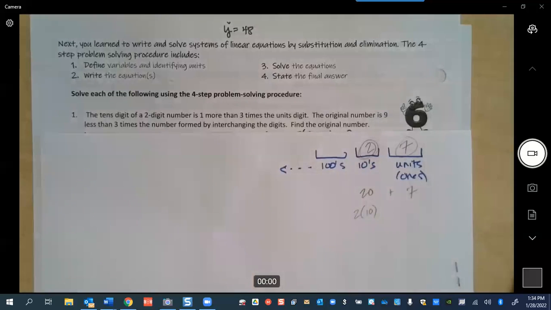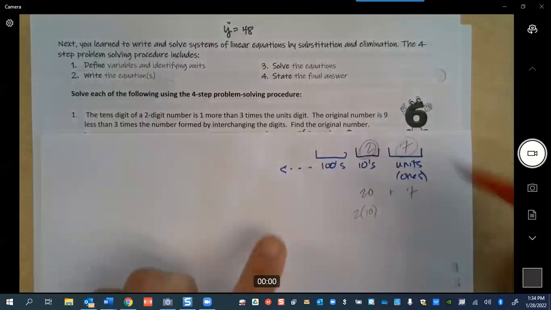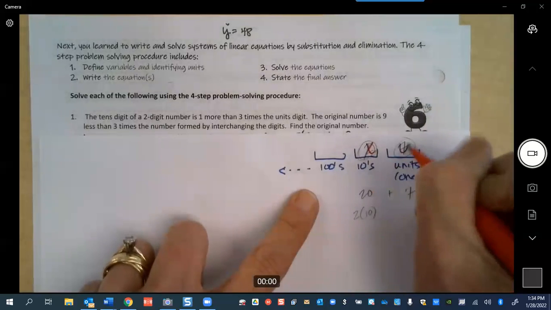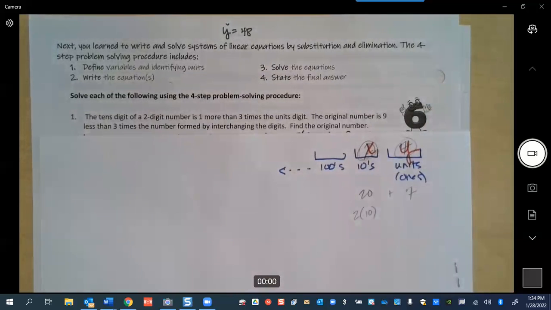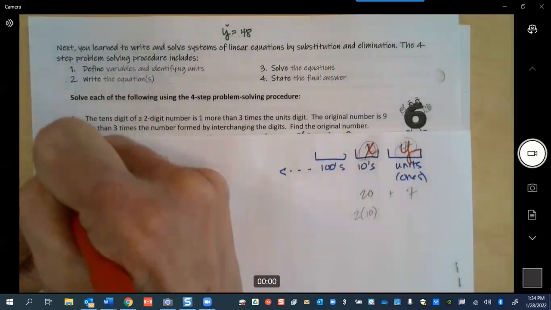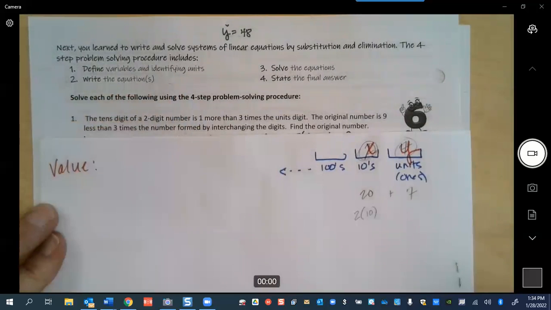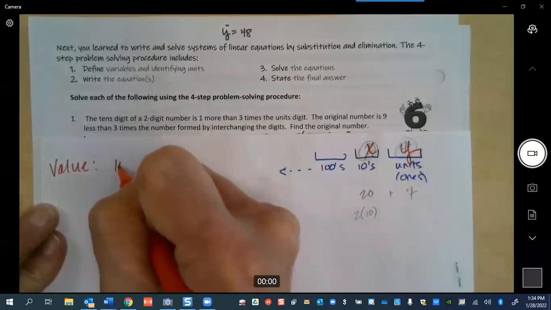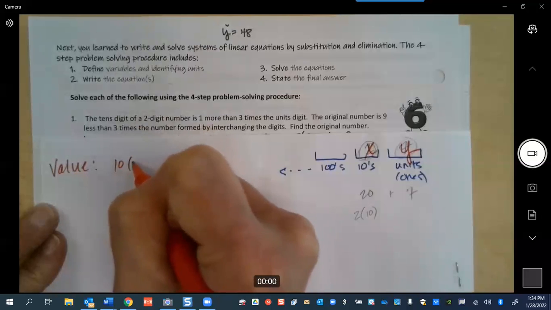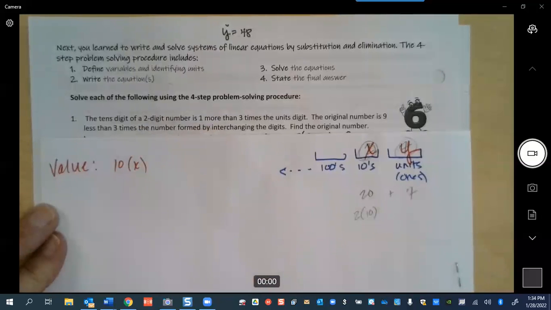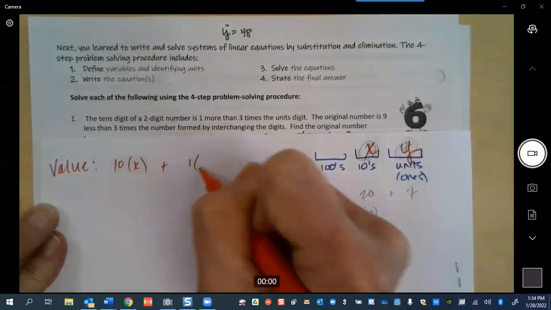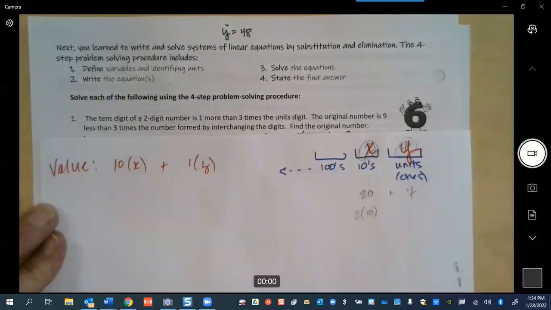So in an algebra problem, I need to define my variables and I'm going to make this X and this Y. So when I'm talking about the value of my digits, every X is going to be worth 10. And every Y is worth 1.